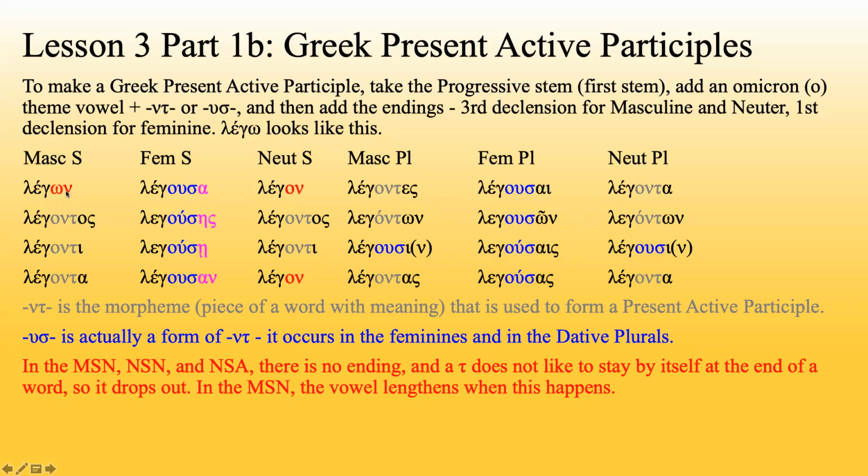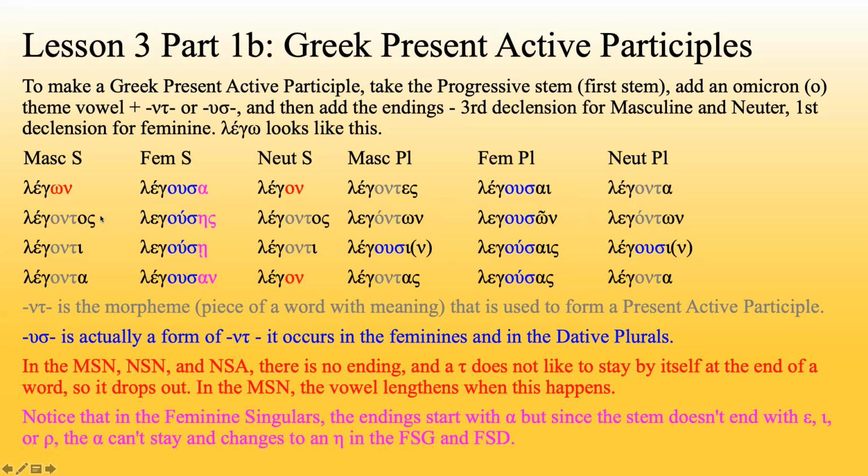Now, in the masculine singular nominative, neuter singular nominative, and neuter singular accusative, there is no ending. And a tau does not like to stay by itself at the end of a word, so the tau drops out. In the masculine singular nominative, the vowel lengthens when this happens, though it doesn't lengthen in the neuter. We get that ων ending that we're used to, yay, and we've got an ον ending up here.